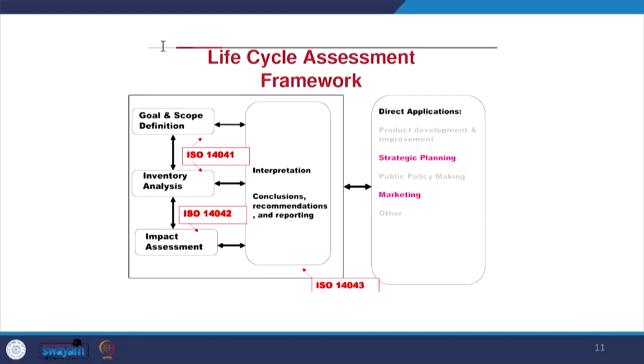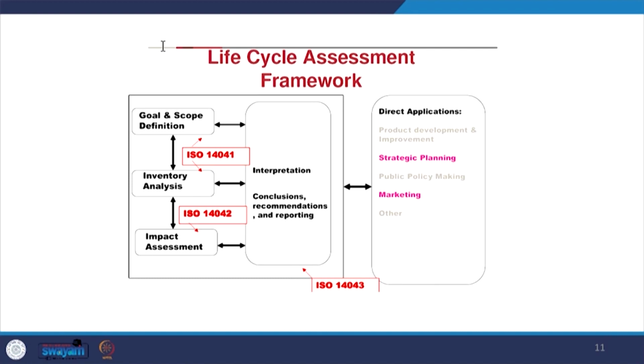So, the environmental impact associated throughout the product's life cycle is taken into account when we are talking of life cycle assessment. There are some specific ISO codes, ISO 14041, 42 and 43, which define how life cycle assessment should be carried out.